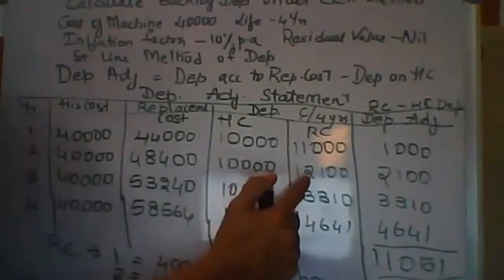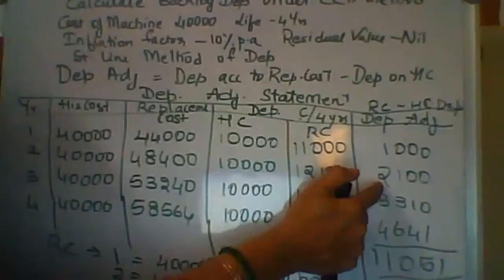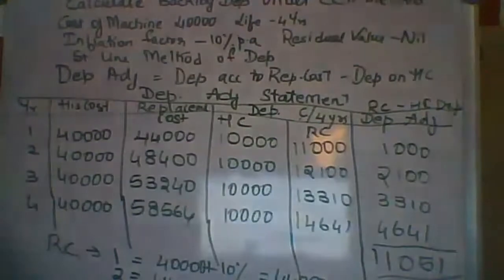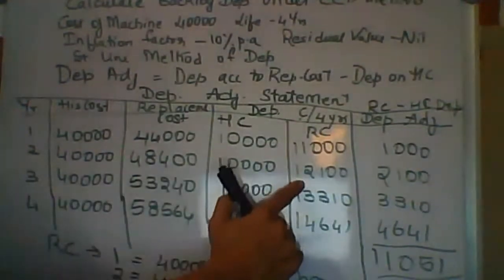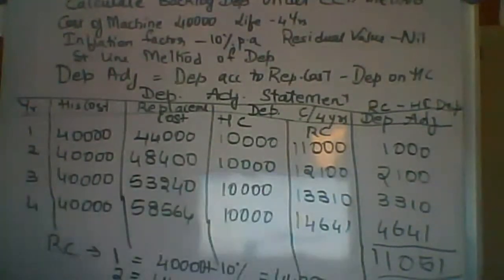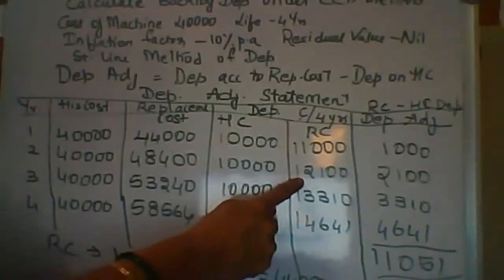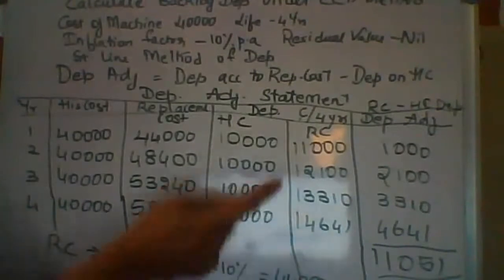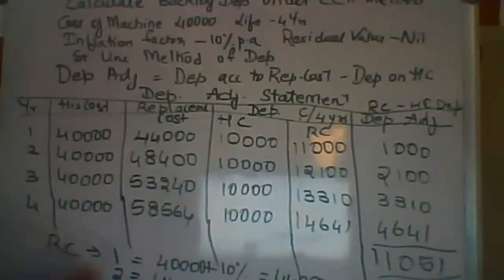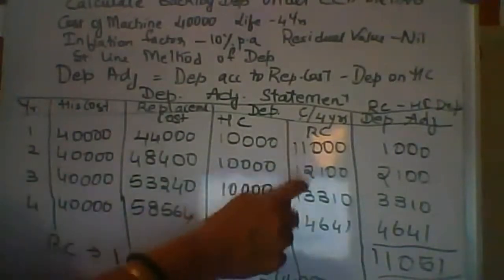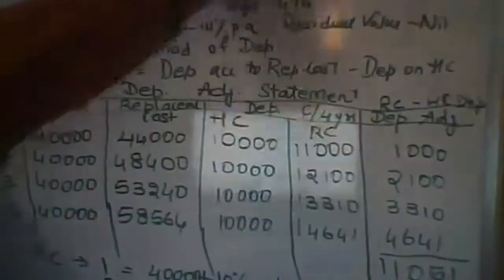But what's happening here? I took each year separately. It means this year's impact, this year I have taken. But when it happens to your accumulated depreciation, if depreciation is taken in the second year, the straight line method says each year there is the same depreciation amount. It means if it was depreciation in the second year 12,100, in the first year also it should have been 12,100. But what is happening? First year I took 11,000. It means what is that excess amount? That 1,100.